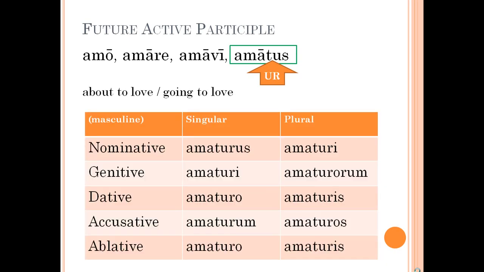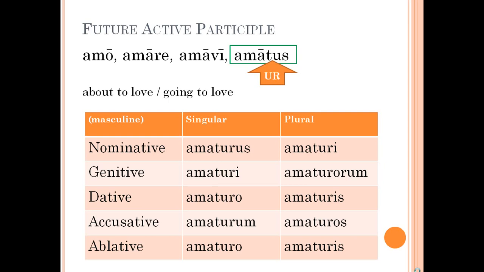And then our last one, the future active participle. We take the fourth principal part and add the letters -ur before the ending. And it's "about to love" or "going to love" to make it future. Then we just change our endings for case and number.